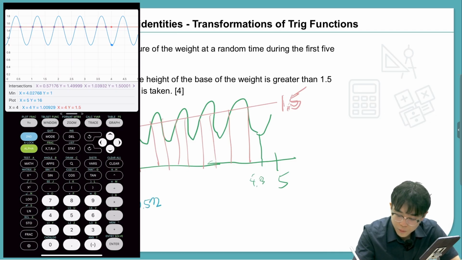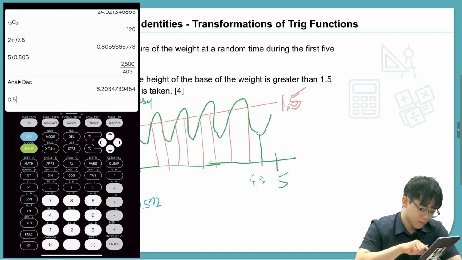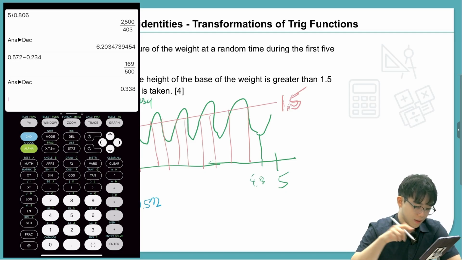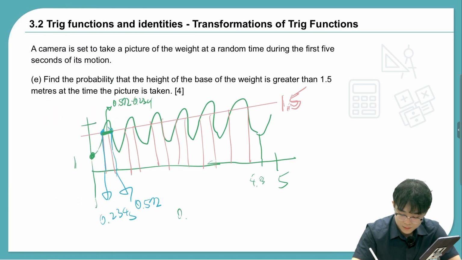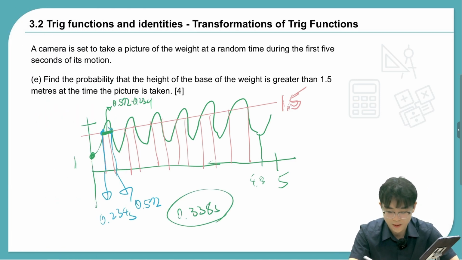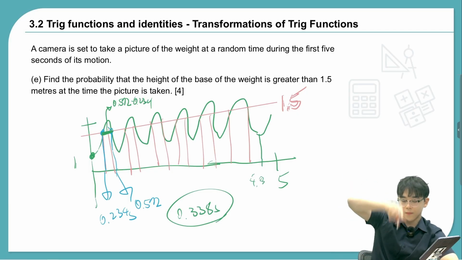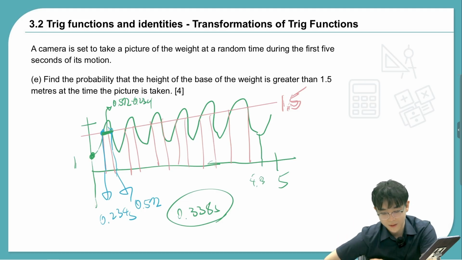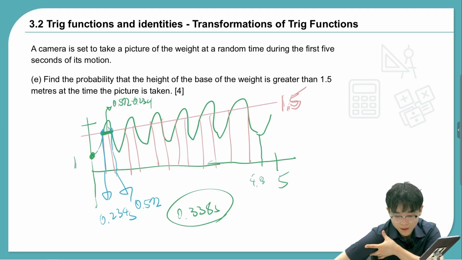So if you look at one of these, it would be 0.572 minus 0.234, so that's 0.338 seconds. So in one full swing, there's 0.338 seconds for which the height is above this level. So if you take your photo at that instant, then you would get the weight being greater than that height.